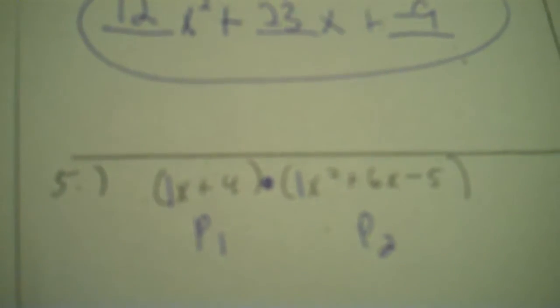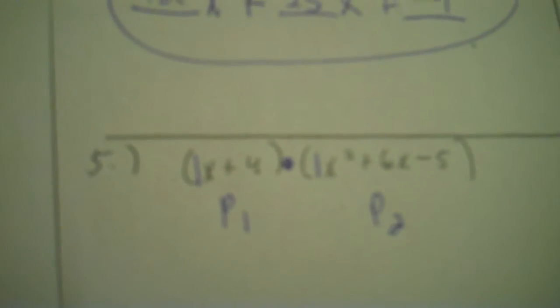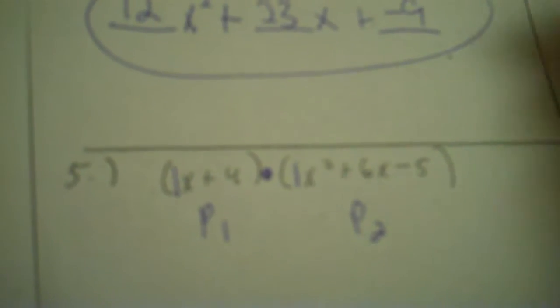Number 5, P1 is x plus 4, 1x plus 4, times P2, we got 1x to the 2nd plus 6x minus 5. So it's the same as last time, it's just a little bit longer. Okay. So 1x, 1 to 1, 1 to 6, 1 to -5. And 1x to the 2nd, 6x, -5.